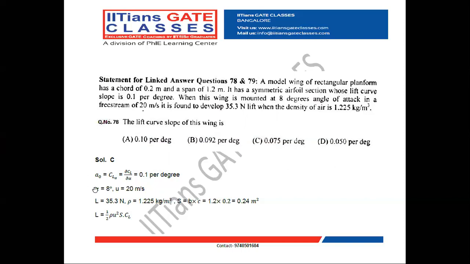So lift curve slope is given, that is dou CL by dou alpha is 0.1 per degree, and angle of attack is given, that is alpha at 8 degree angle of attack. Free stream velocity is given, u equal to 20 meter per second.